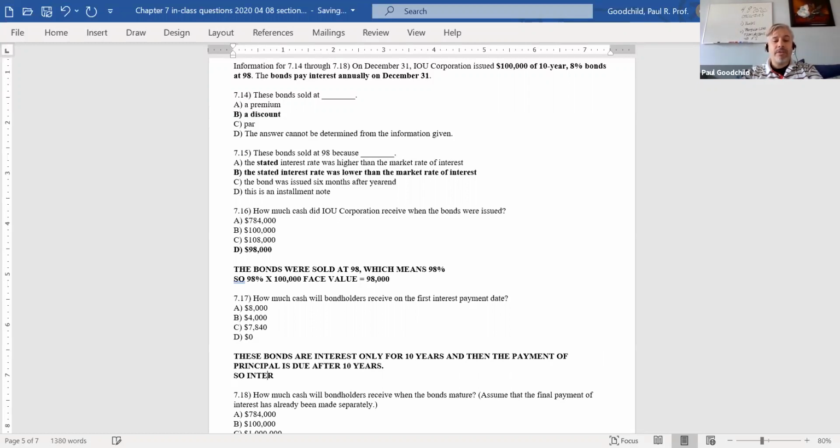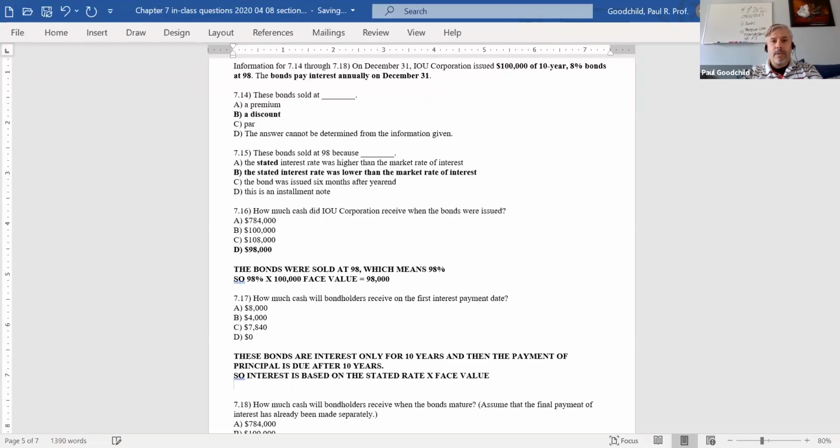So interest is based on the face value. Here we had 8% bonds times 100,000 face value. So each year, bondholders will receive $8,000.